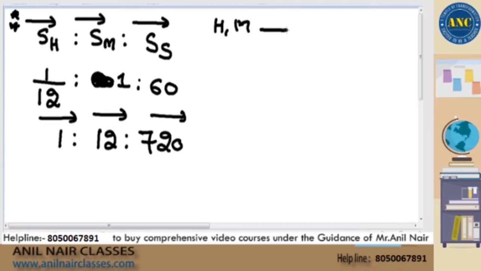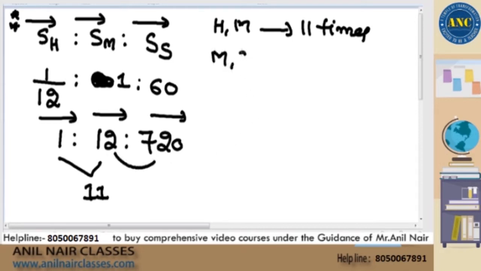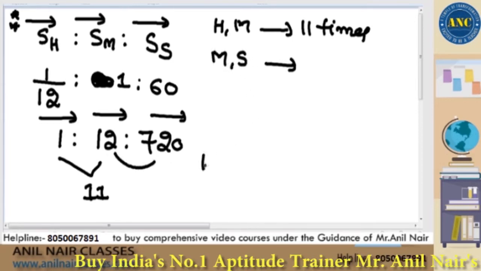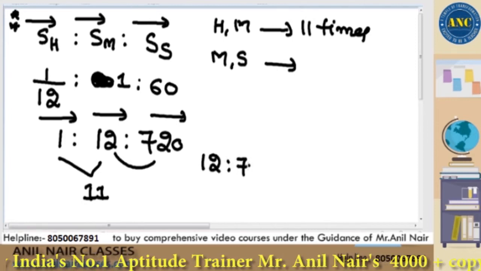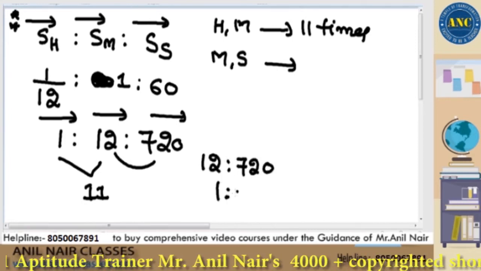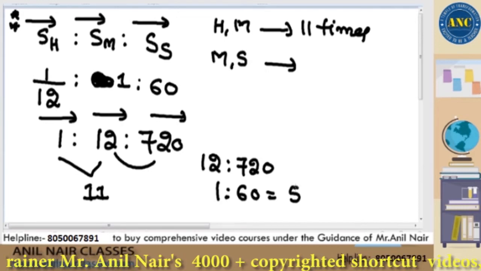Hour hand and minutes hand: how many times are they going to meet? 12 minus 1, 11. Minutes hand and seconds hand, they both are not in simplest form. This is the beauty of the concept. 12:720 is 1:60. It is 15 times?